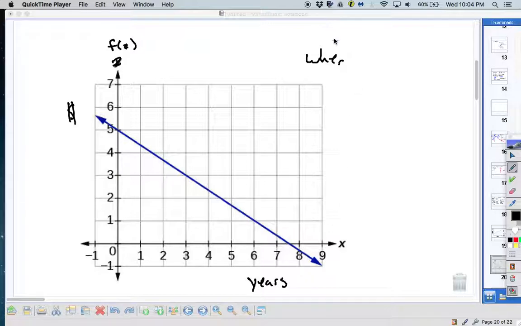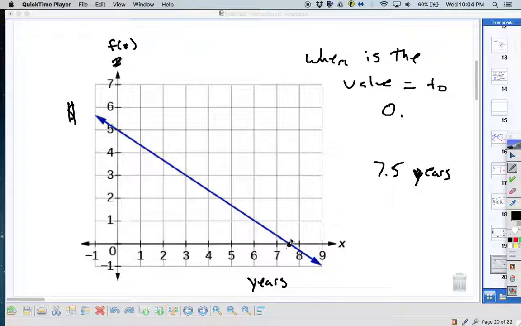Okay, so how about when, as in how many years, is the value equal to 0? When does our object have no more value? So I don't know, maybe this is a car and this is in thousands, so this is 5,000. I want to know how many years until the car has no value. Okay, so according to this, no value is occurring right here. So this car has no value at 7.5 years.